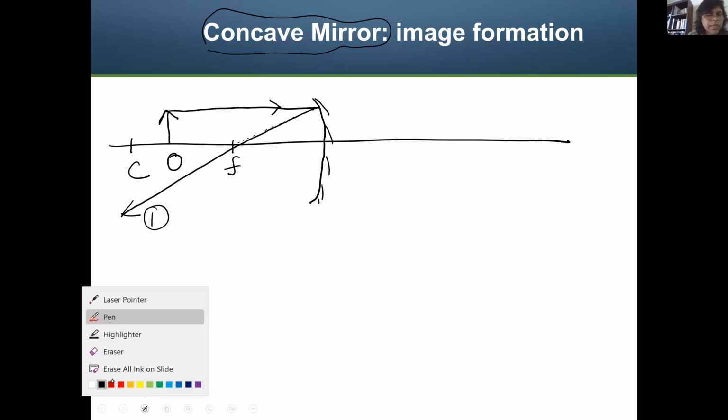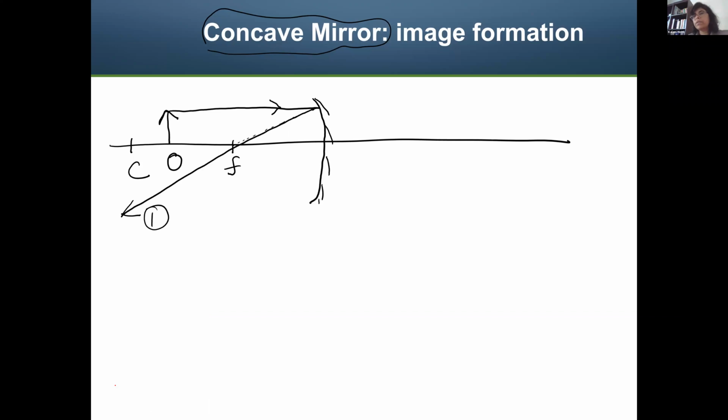That is the easier ray that everybody can draw, right? Now the second ray will be exactly the opposite of this. What that means is you're going to send the light through the focal point to the mirror. That will reflect back parallel to the axis. So now you're going to send the light through the focal point. It should be a straight line.